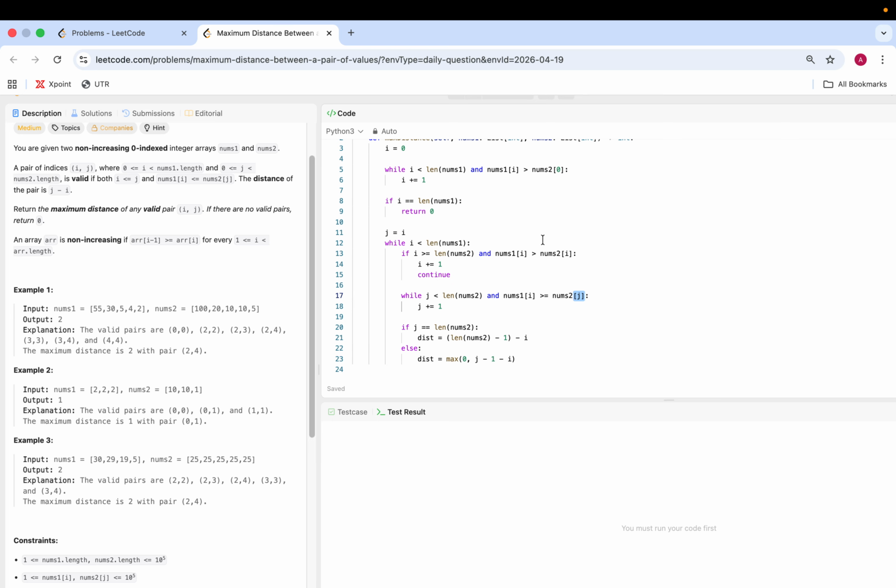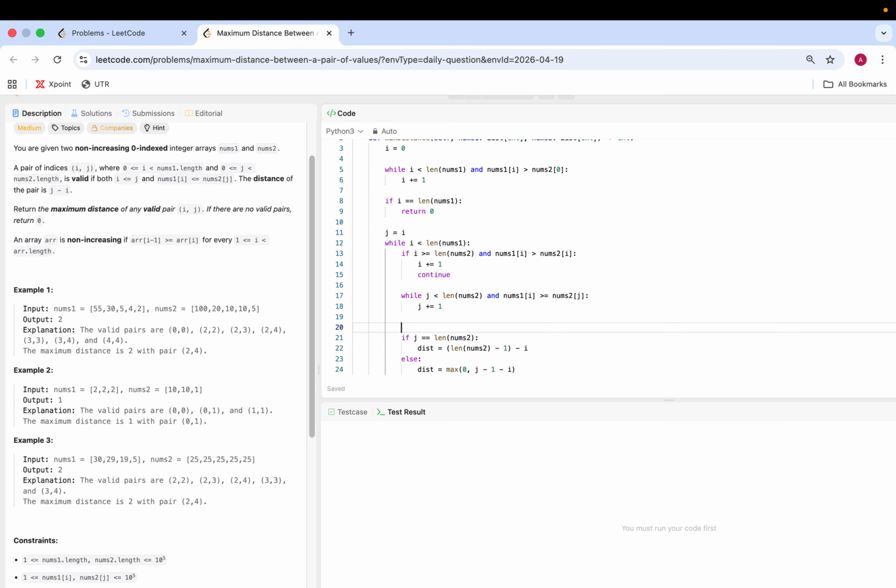So the value right before it, j minus 1, will be pointing to the value that's equal to or bigger than nums1 at i. And again, maxing it with 0 is just in case the j value is pointing to before i. And I'm hoping that that's good enough.